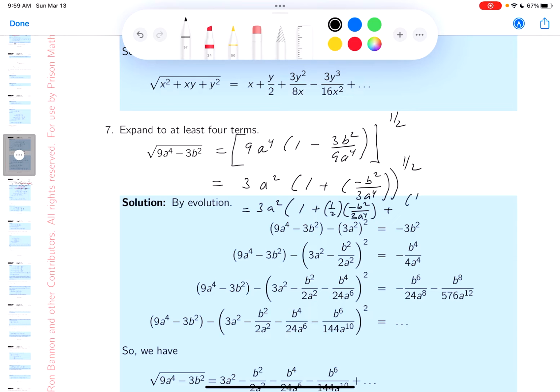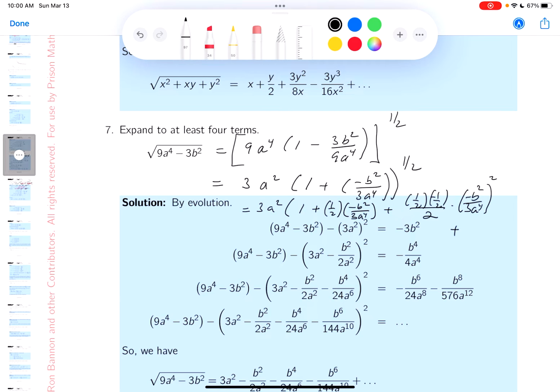Well, that's going to be 1/2. And then it's going to be 1/2 times, let's see, 1/2 minus 1, over 2 factorial, which is 2, times minus b squared over 3a^4, squared. Let's keep going.